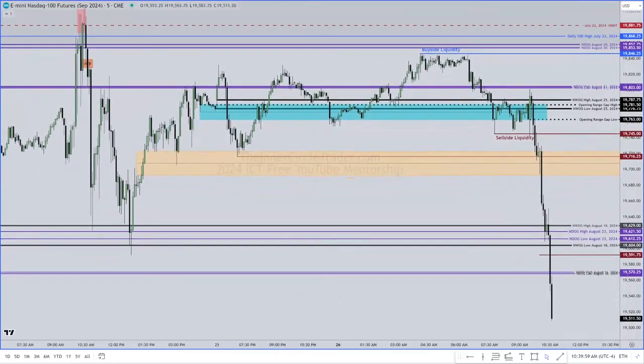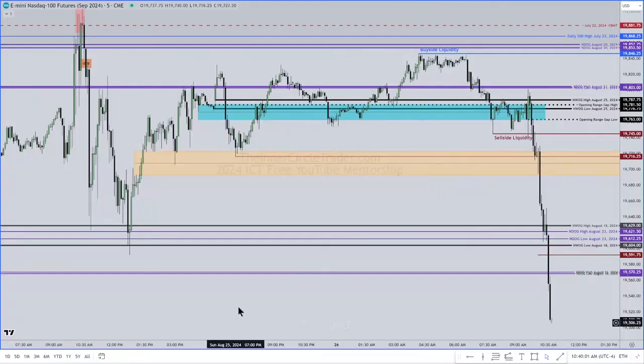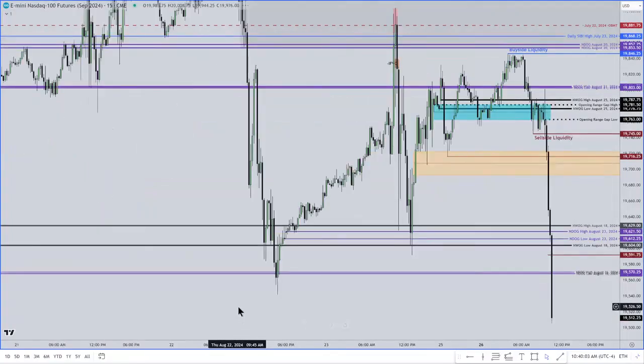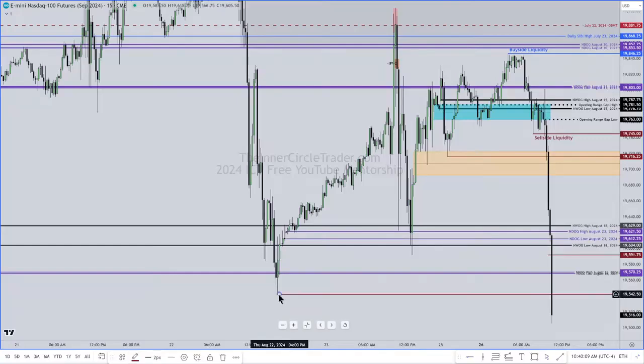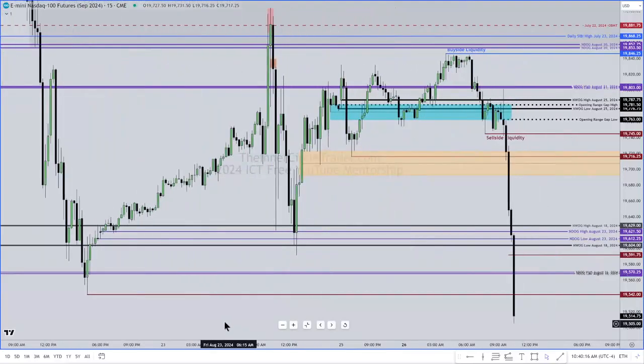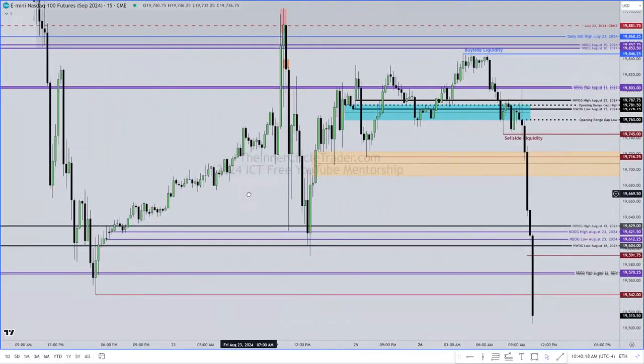You want to take a screenshot like that. Annotate your observations on sell side here, on the 15-minute time frame. You want to annotate your observations on that chart like that.